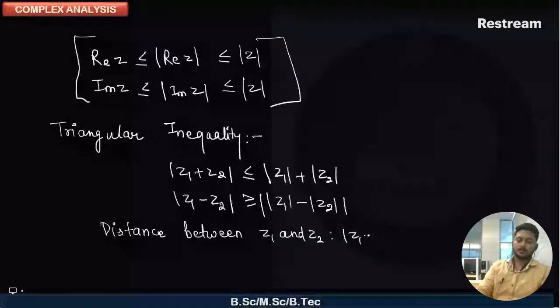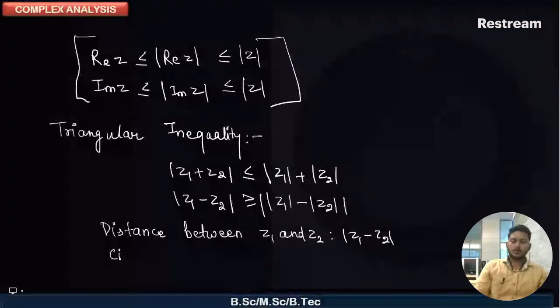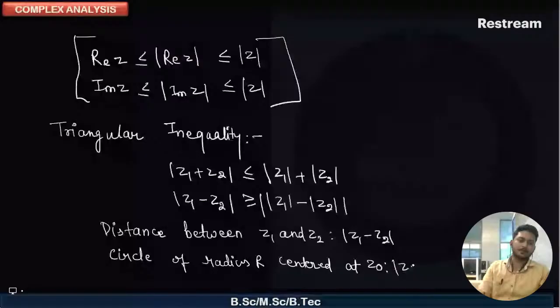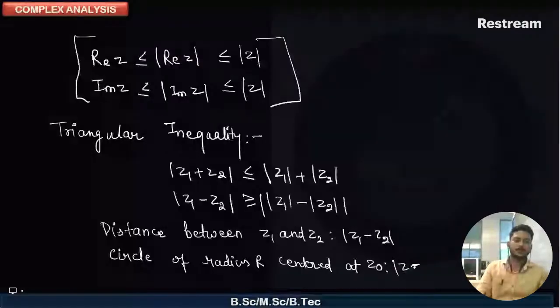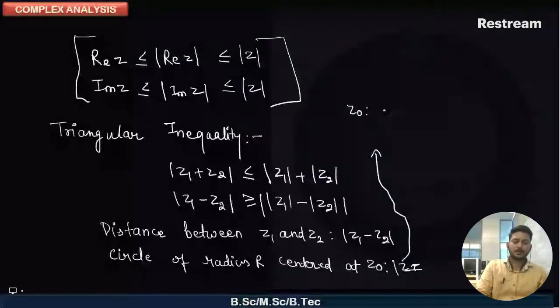A circle of radius r centered at z0 comes like this: mod z minus z0 equal to r. Okay.